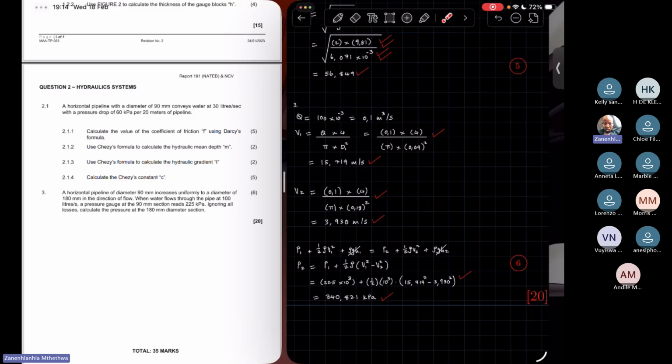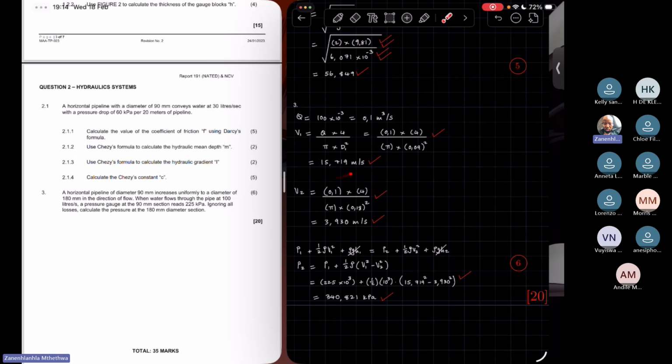So it's not accelerating, it is decelerating, which tells you that in calculating V1 and V2, V1 must be greater than V2. So you already have it in mind that V1 must be greater than V2.